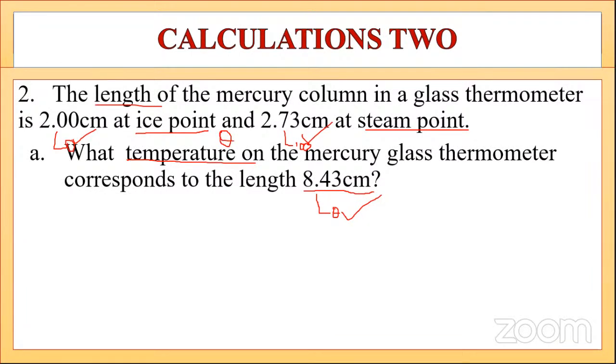Since it's thermodynamics, it is a Celsius scale, then I should know that theta is given by L theta minus L naught over L 100 minus L naught times 100 degrees Celsius. Is that okay, everyone?